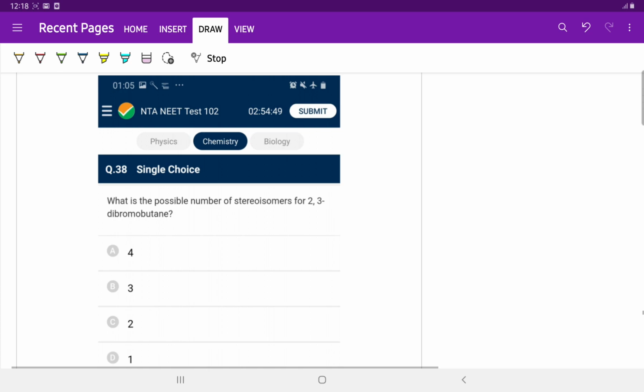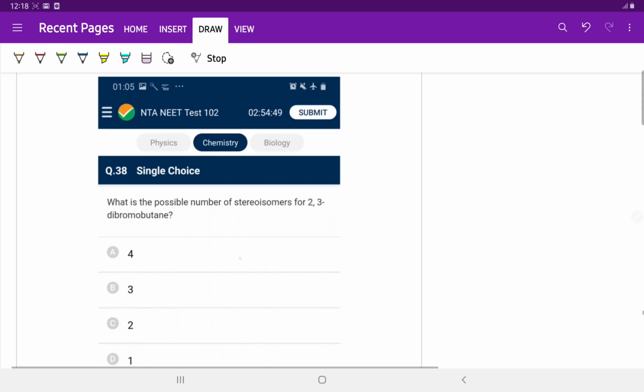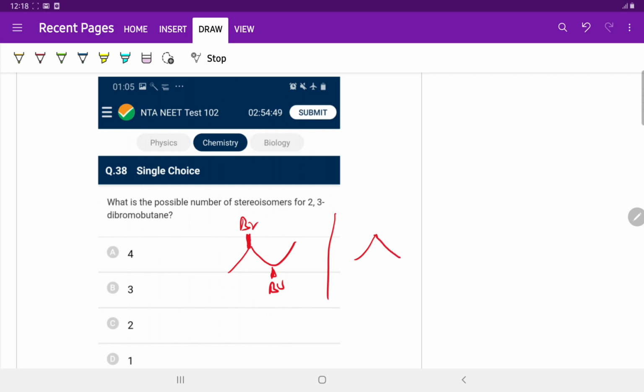Question number 38. What is the possible number of stereoisomers for 2,3-dibromobutane? If we take the mirror image of this compound, we will get this, and there is one possibility.